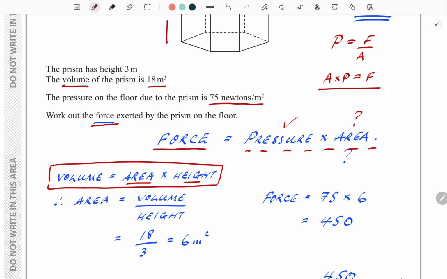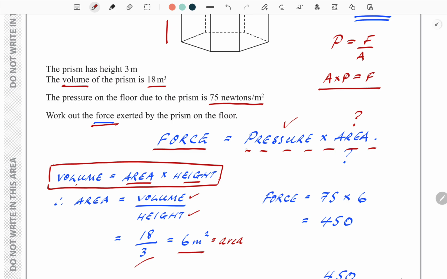Rearranging that, area must equal the volume divided by the height. In this case, we've got the volume and the height. Volume is 18 and height is 3. So 18 divided by 3 is 6 meters squared. 6 square meters is the best way to put it. That's the area.